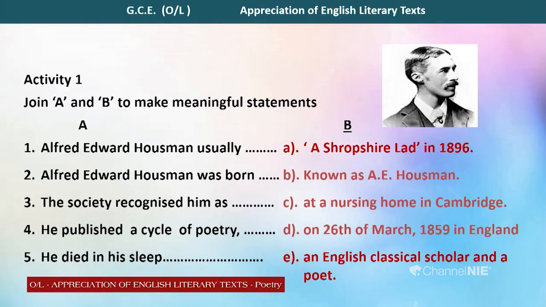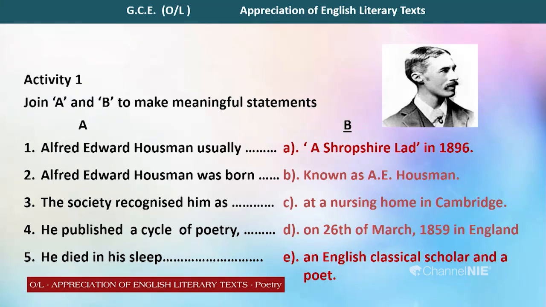Third one, the society recognized him as. Fourth one, he published a cycle of poetry, that means a collection of poetry, blank. And there's another sentence that you can think and find the answer also. He died in his sleep, there's a blank. The options or the answers are given on the right side under B.